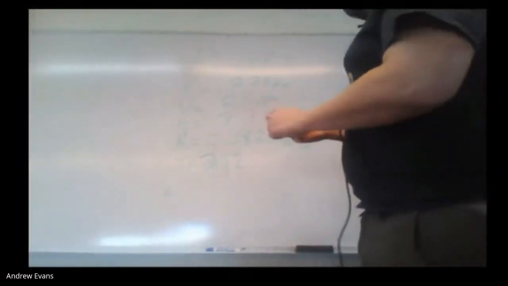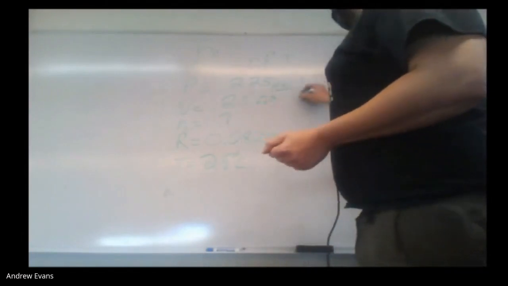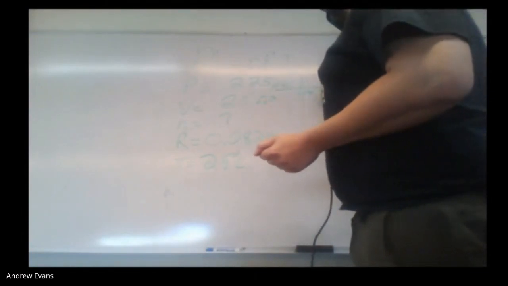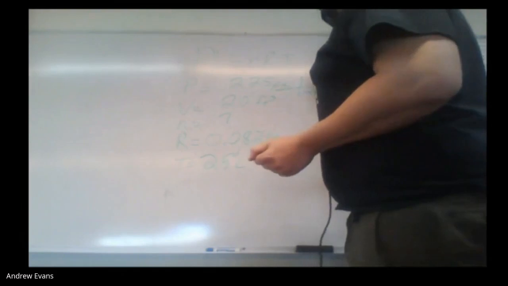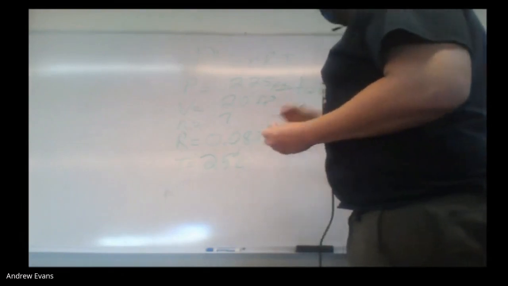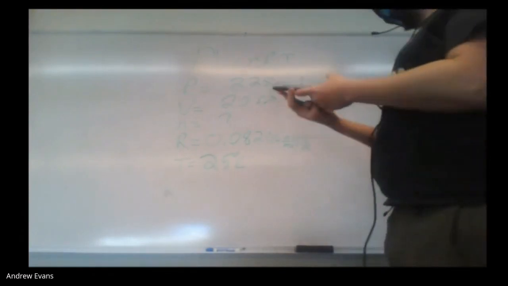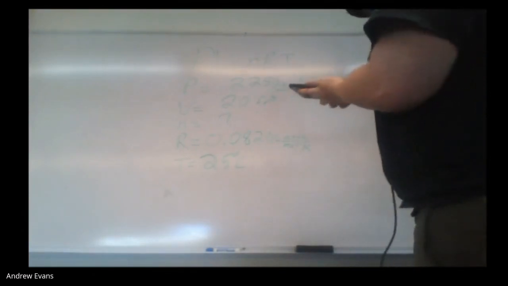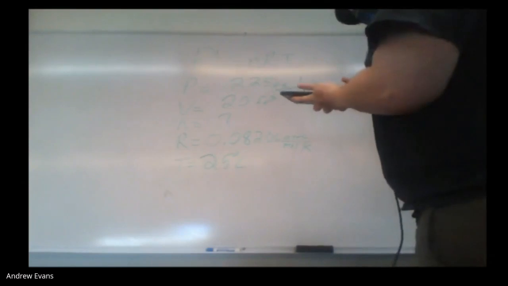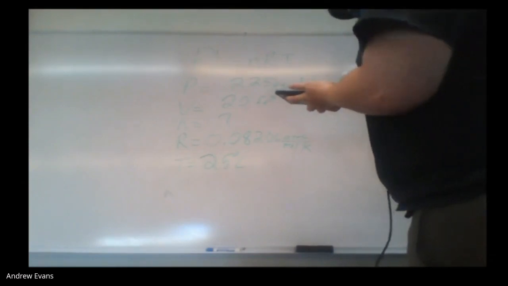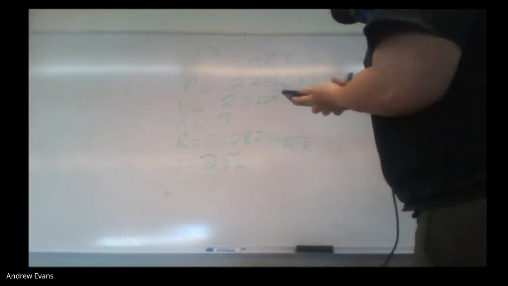So there is 14.7 psi per 1 atmosphere. So how many atmospheres of pressure? It's going to be a decent amount, but how many? 225 divided by 14.7.